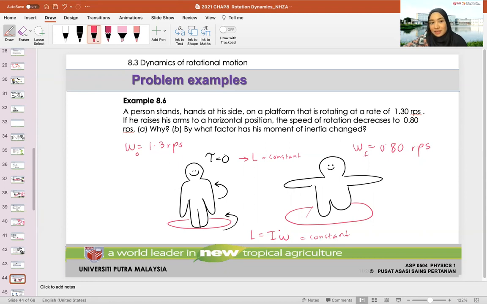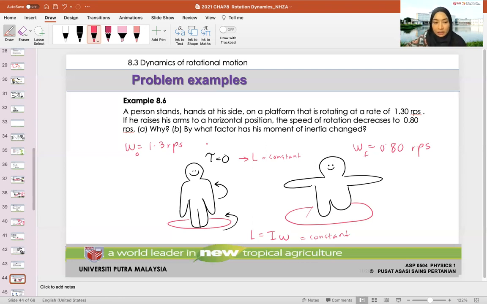Ada dua je benda kat sini. Omega dah confirm berubah. Adakah I constant atau berubah? Berubah. So even though this guy is not changing his mass, right, when he changes his form, daripada senang diri kepada angkat tangan, his I also changes.